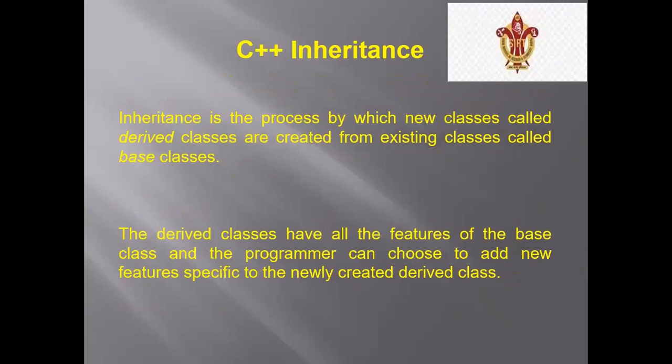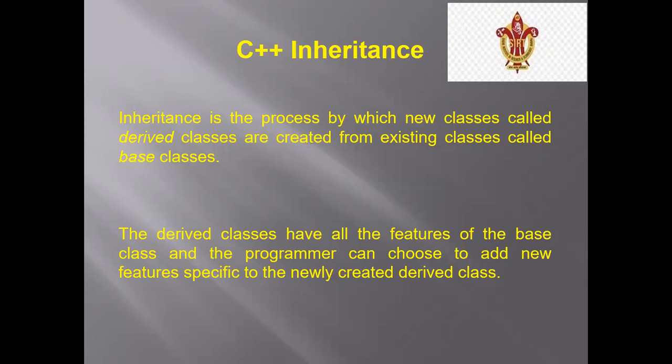So next, inheritance is the process by which new classes called derived classes are created from existing classes called base classes. Base class is the one from which we are inheriting the properties. Derived class is the one which is being created from the base class. The derived classes have all the features of the base class, and the programmer can choose to add new features specific to the newly created derived class.